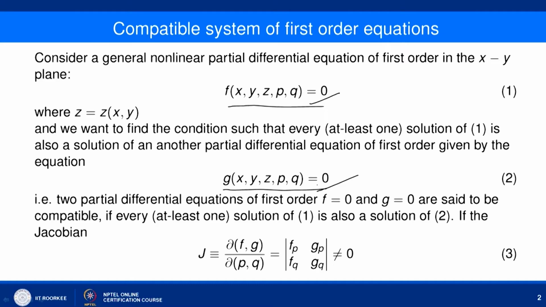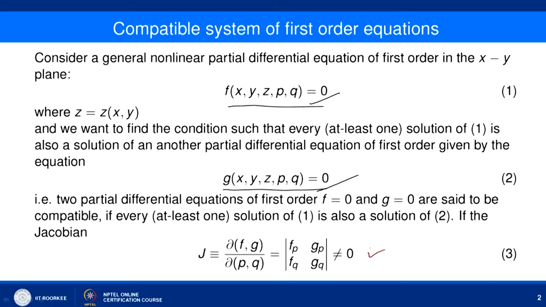For that we assume that the Jacobian J equal to del(f, g) upon del(p, q), which is given as the determinant with rows f_p, g_p and f_q, g_q, is non-zero.